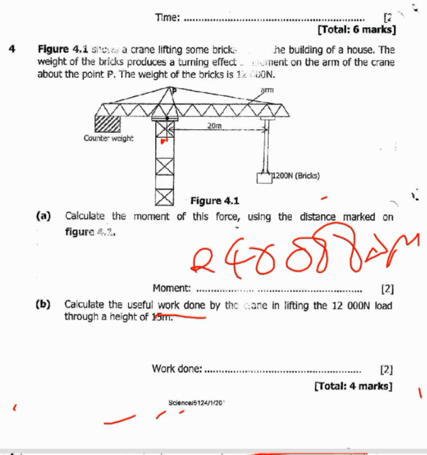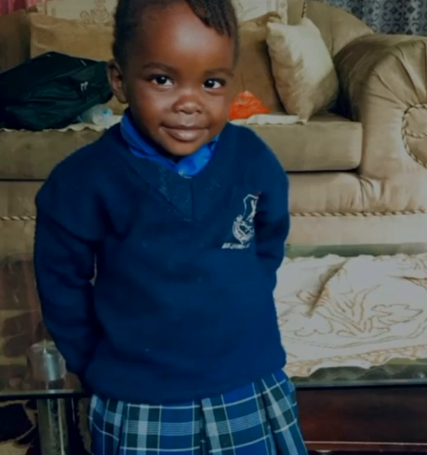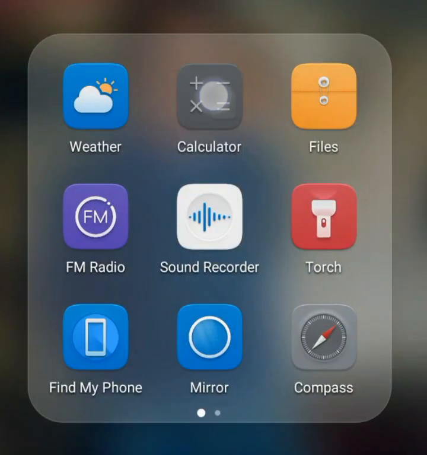So in this case, the distance we've been given is 15, and the force we have is 12,000. So we're just going to multiply 15 times 12,000. Let's try to do our calculations in this manner. I'm trying to locate the calculator.